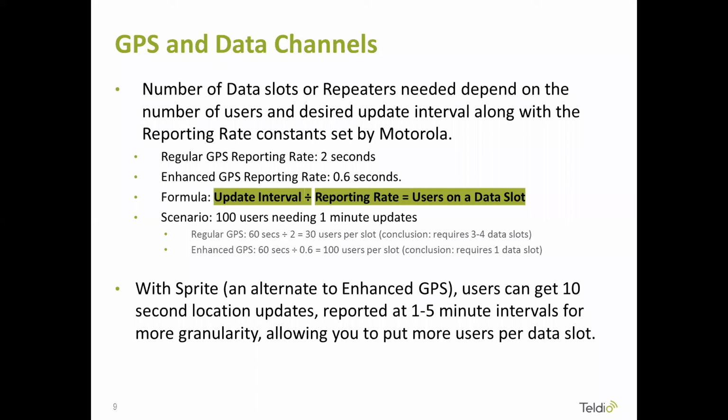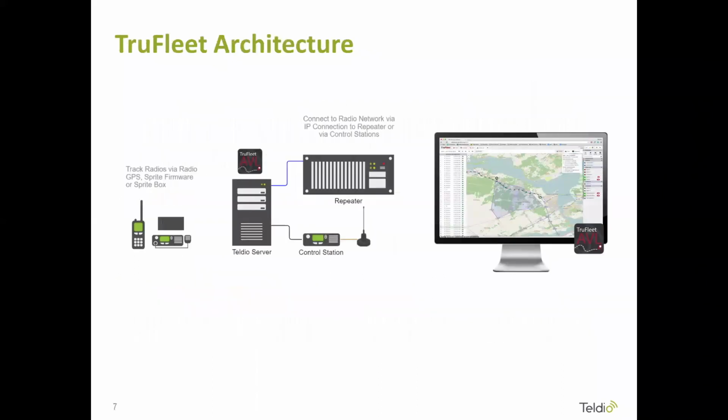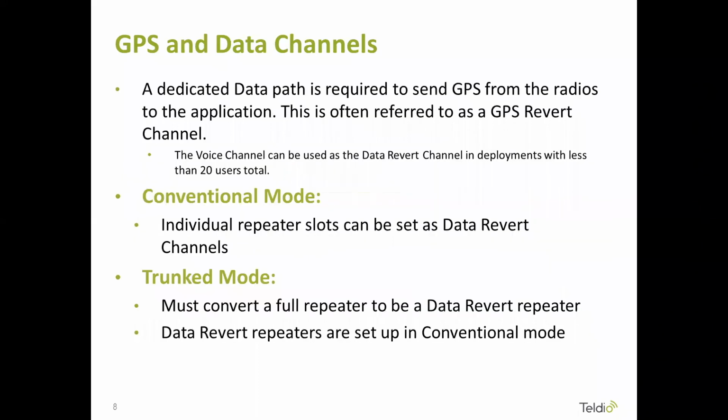We have a request to review the talk groups versus repeater channel that was touched on at the top. I think it's the previous slide, Jeff. That one? No, the one about the data slots. Okay, yeah, slots versus. So trunked mode is where you have to have a data repeater. If you are in conventional mode, you can use just a slot on it.